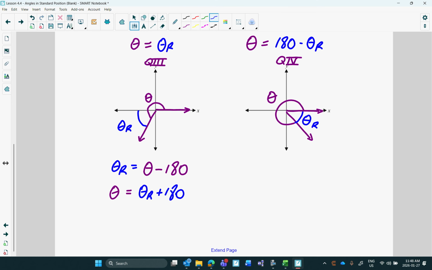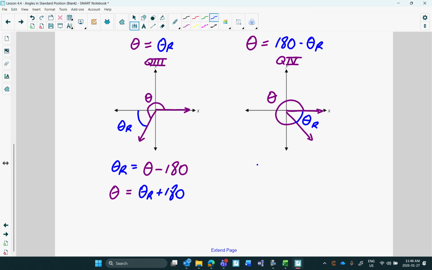So if I said theta was 300, how would you find this? Other way around. 360 minus 300, right? If this is 300, then this must be a complete circle minus the 300.